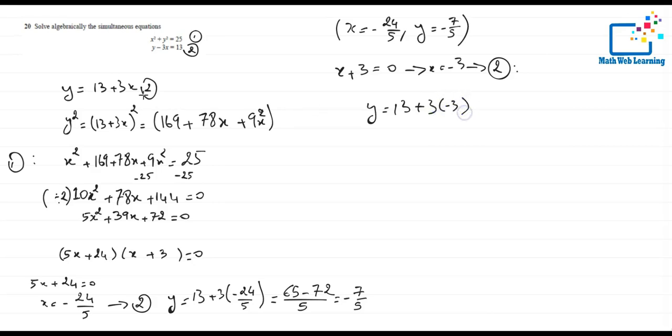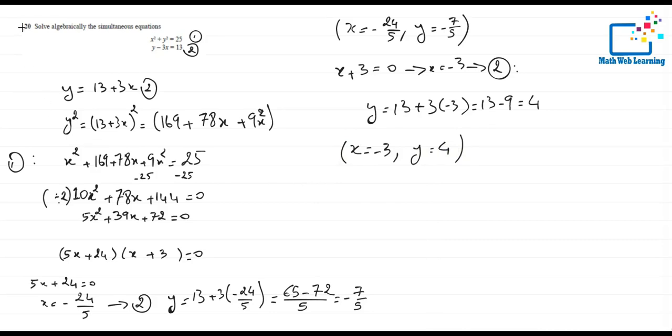We're going to substitute minus 3 into this one here, and that will give us 13 minus 9, which is 4. So the second pair of solutions are x equals minus 3, for which y is equal to 4, and that's how you do it.